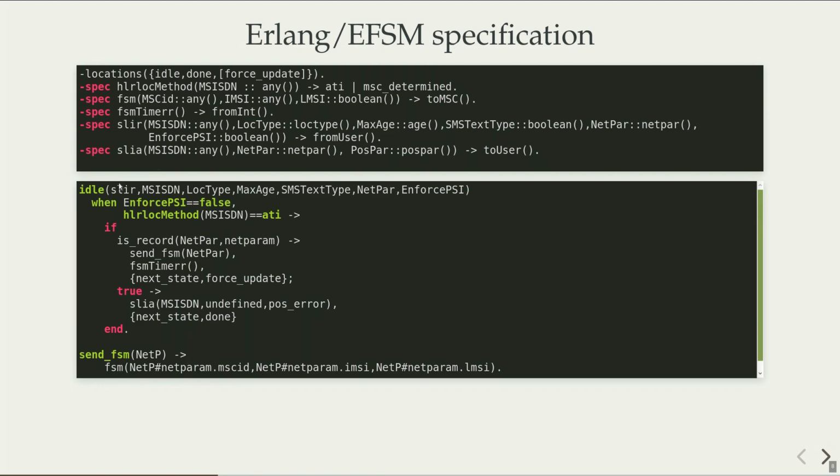And then we have this SLEER event. So I have created a convention here on how to specify events. So this is the idle state with a SLEER event, and then you have the number of arguments to the SLEER event here. Might not be the most beautiful way of doing things, but that's the way I did. And then, as you see here, there's a guard that checks the enforce PSI. That's an argument, and then this is another special thing. It's something that should represent a configuration parameter. And then we have the rest here. It should be kind of familiar.